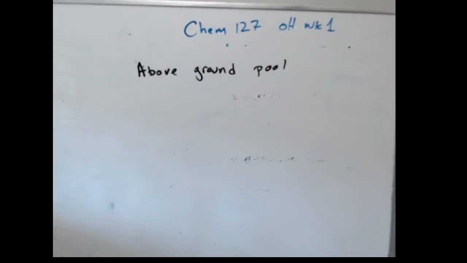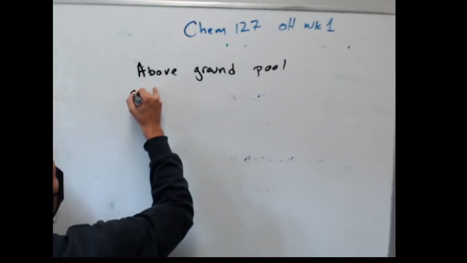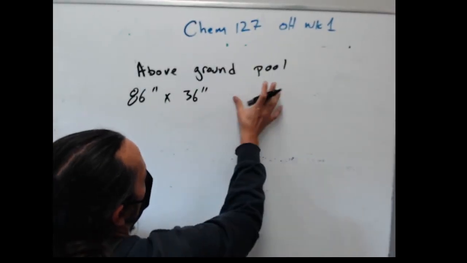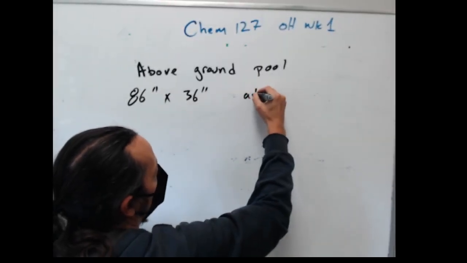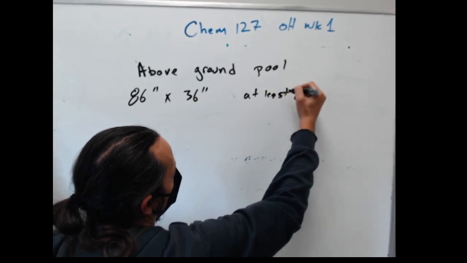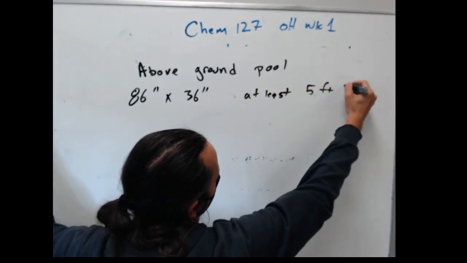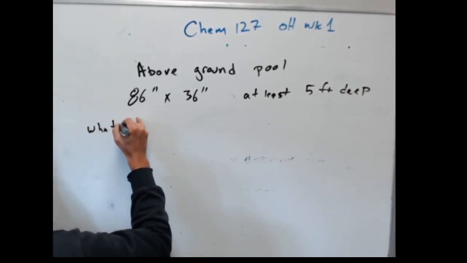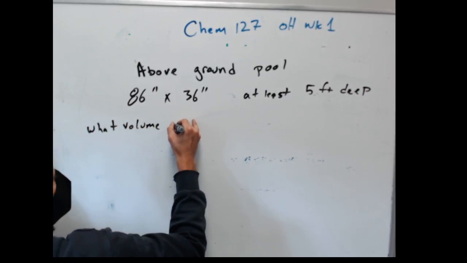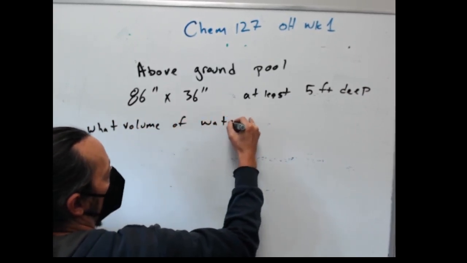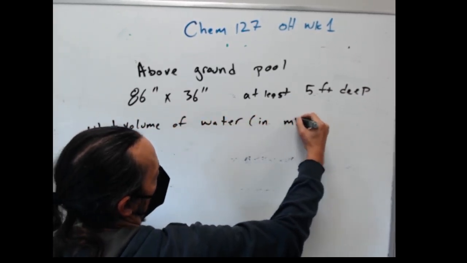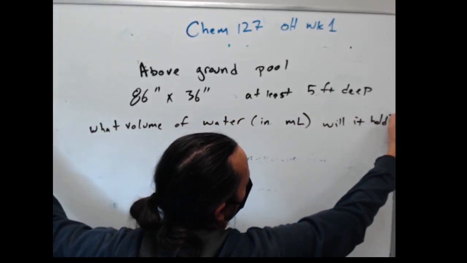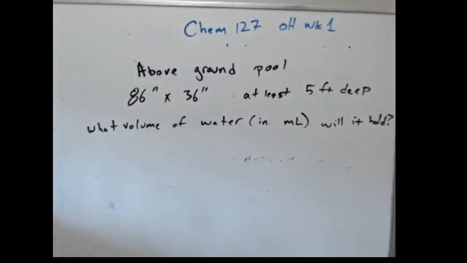The above ground pool is a rectangle that is 86 inches by 36 inches. I just Googled above ground pools.